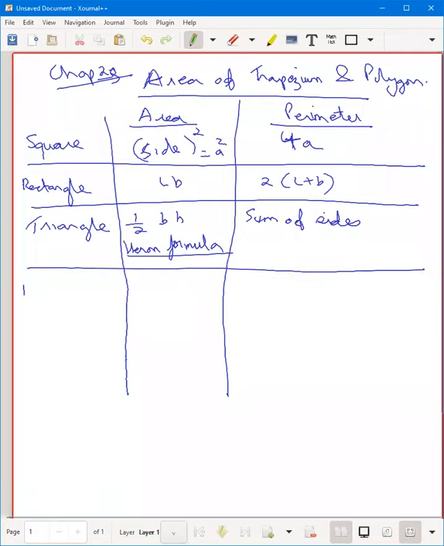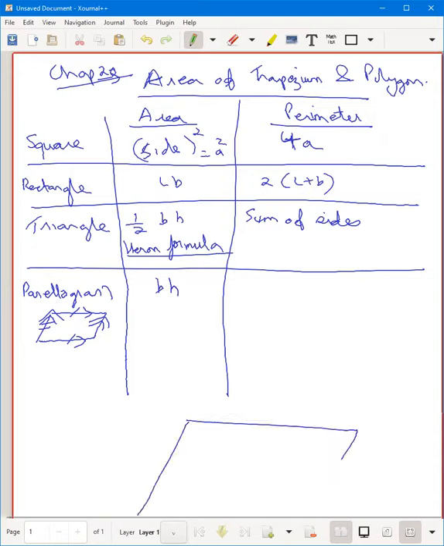parallelogram. Anybody knows what's a parallelogram, I hope? Opposite sides are equal and parallel. What is the formula for area of a parallelogram? It's base into height. Again, so we will have a parallelogram.